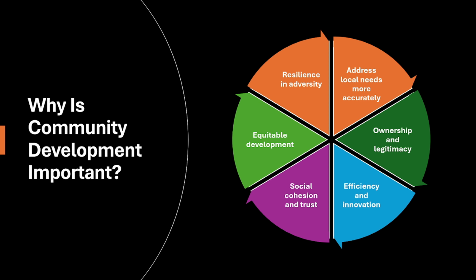As people collaborate, even across differences, they learn to rely on one another and build mutual respect. This cohesion is not only good for day-to-day life, but is also very essential during times of crisis. Communities that trust one another are far better equipped to respond to emergencies and support each other when challenges arise.